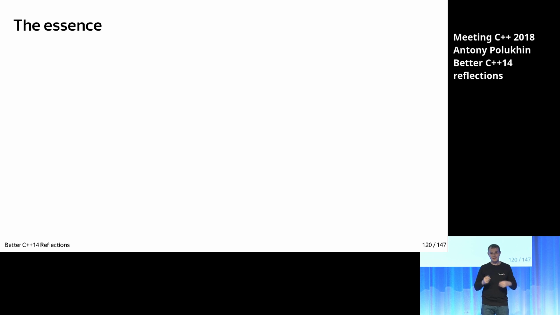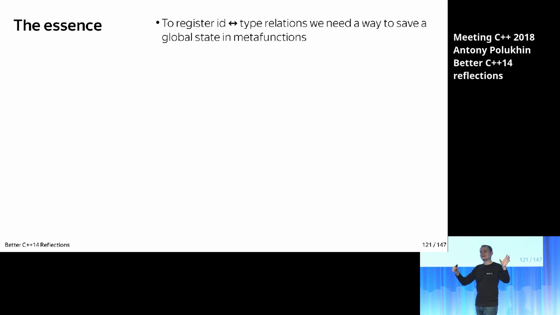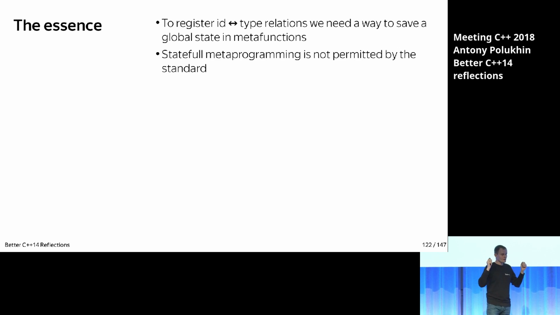So, the essence. We've got our map of types and identifiers. And we need some way to expand that map. We need some way to add new elements in that map during our instantiation or during our implicit conversion operator's call. But unfortunately, stateful metaprogramming is not allowed by the C++ standard.